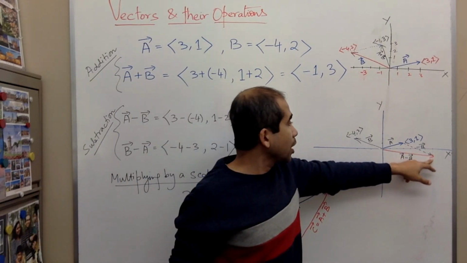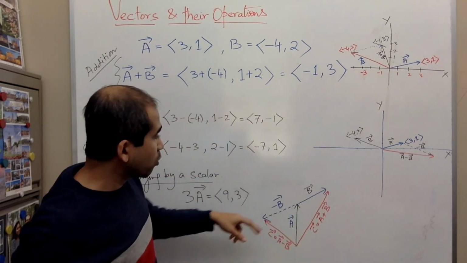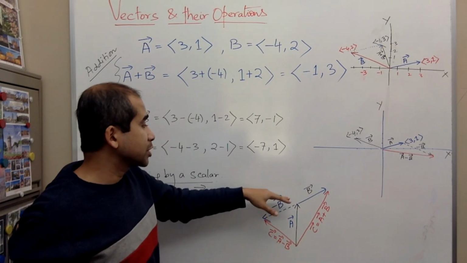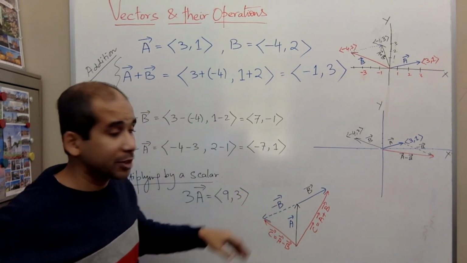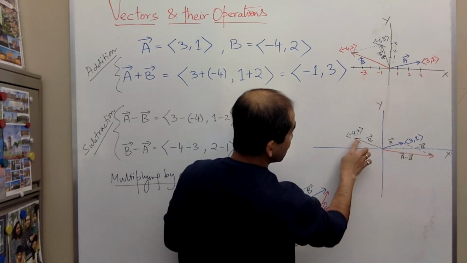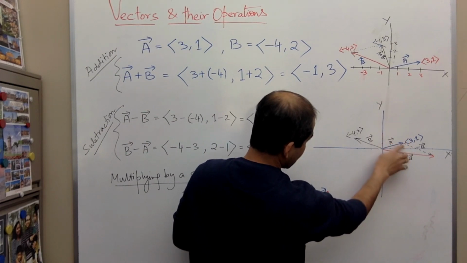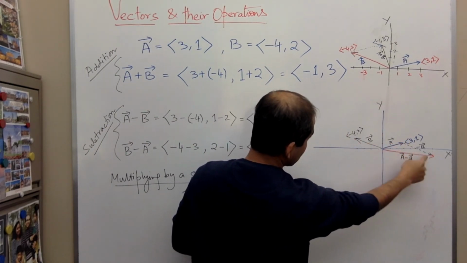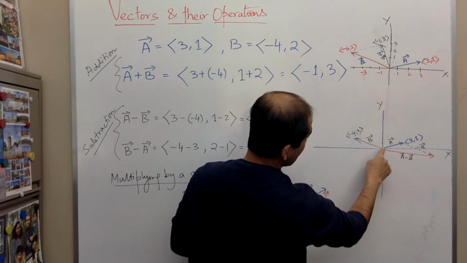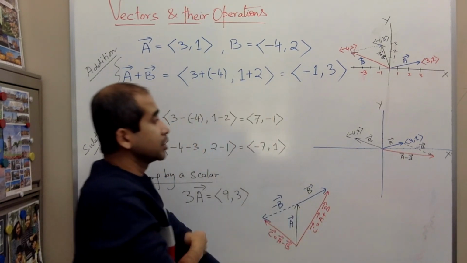Okay, so now if you remember what we said about how it works, for B we need to take the minus B, whose direction will be opposite, but the magnitude will be the same. So here, what we did, this is nothing but minus B. See the same: we slid B up to here, touched it here, and the direction was here. So now the direction will be opposite, and A minus B will be from the tail of A to the tail of B in this case.